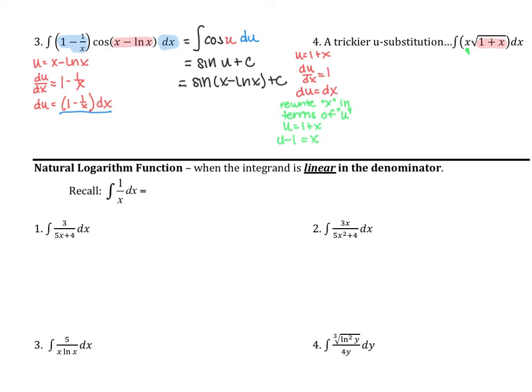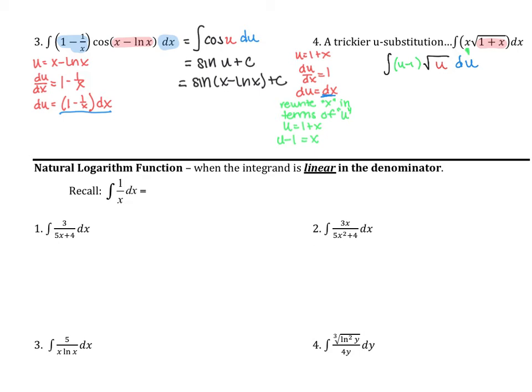I would be taking the integral, and in place of x, I'm going to write u minus 1 times the square root of u, because that's what we let u be. And then I do have what dx is, and that is du. So now my entire problem is written in terms of u's.